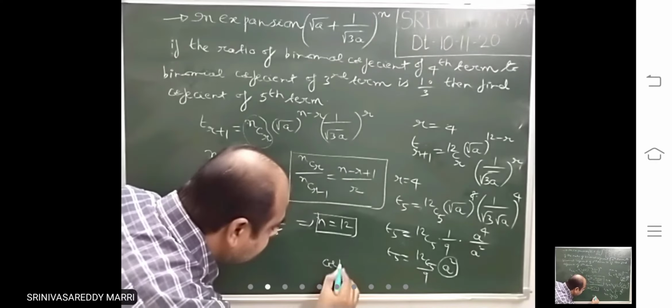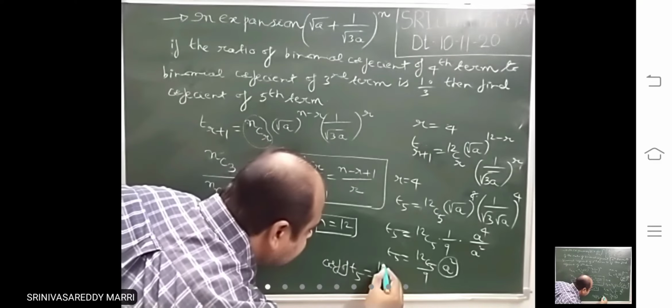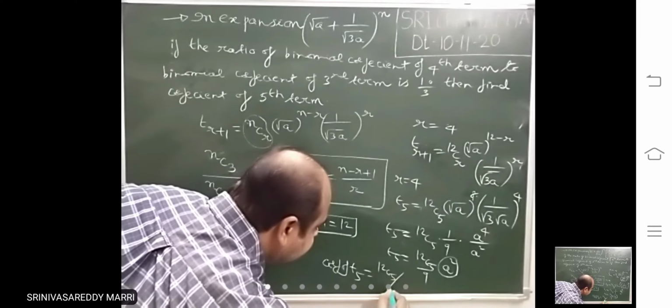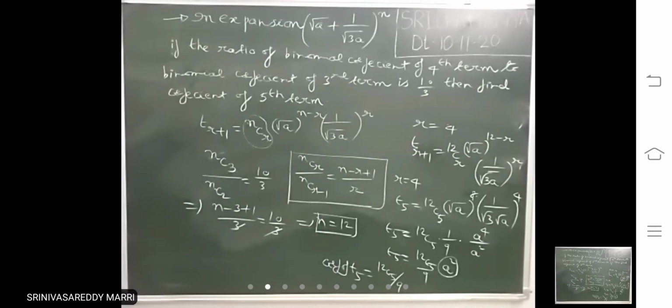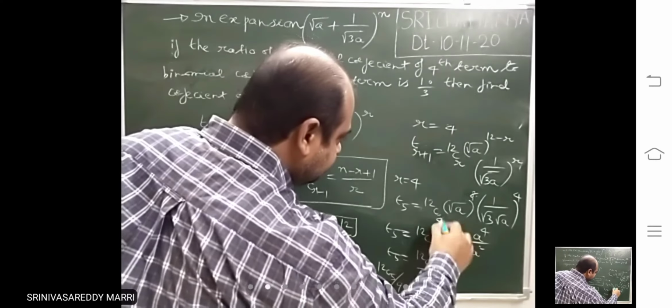So therefore, the coefficient of T5 is nothing but 12C5 divided by 9. That is the answer. 12C4.